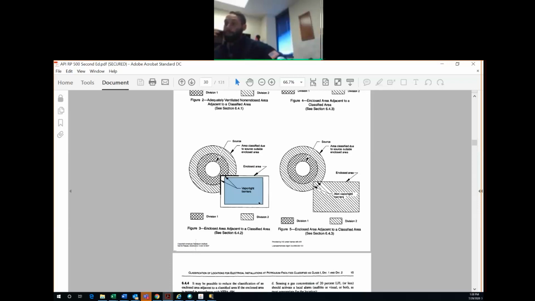But then the gas detector in that building needs to shut that equipment down at 40% LEL, not 60, but 40. That's been an area where a lot of confusion has happened over the years, and I wanted to clear that up as best I can. If y'all have any questions, let me know, because in my mind there are some mistakes and inconsistencies between 14C and 500, and it's hard to navigate what they're trying to tell you to do there.